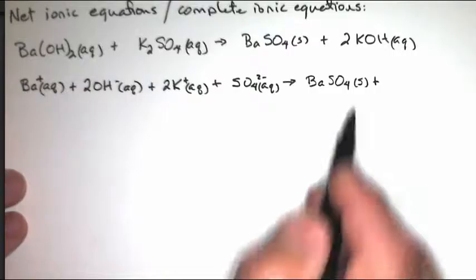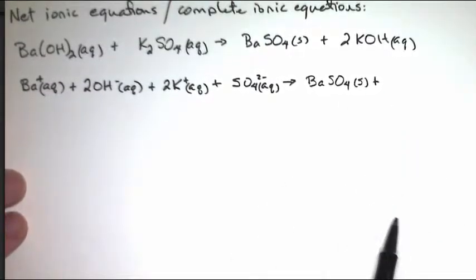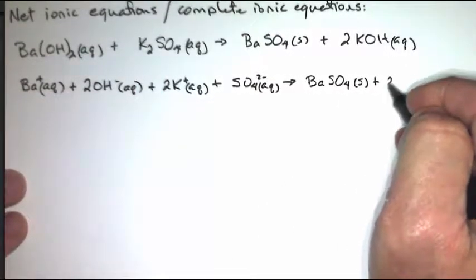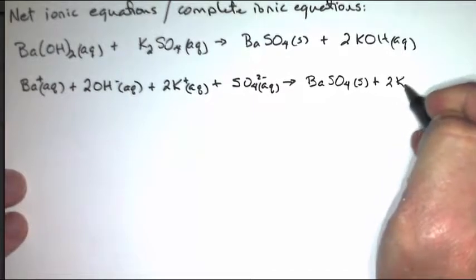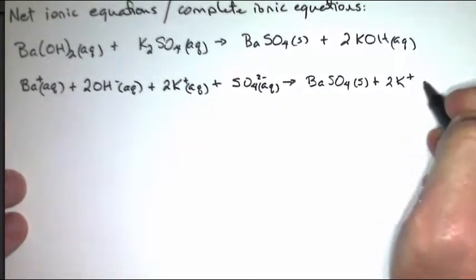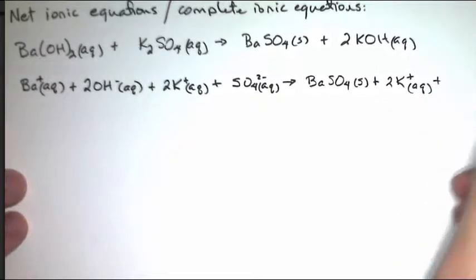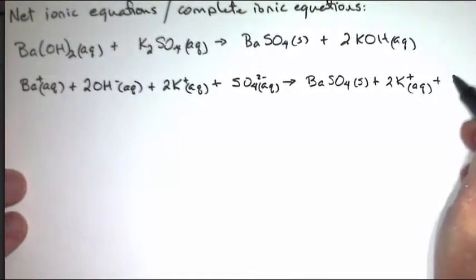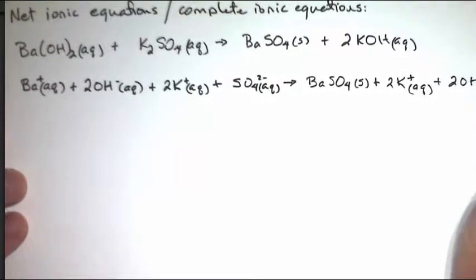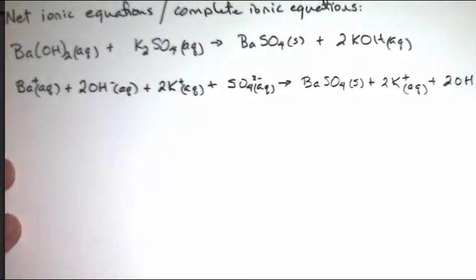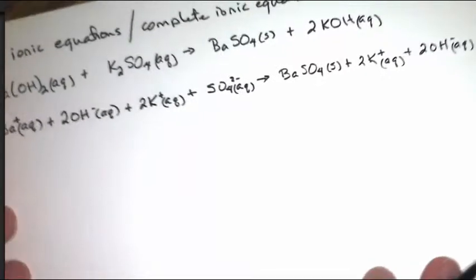Okay, so how many potassiums do I have over here? 2. That coefficient in front means I have 2 potassiums. How many hydroxides do I have? 2. So that's the complete ionic equation.